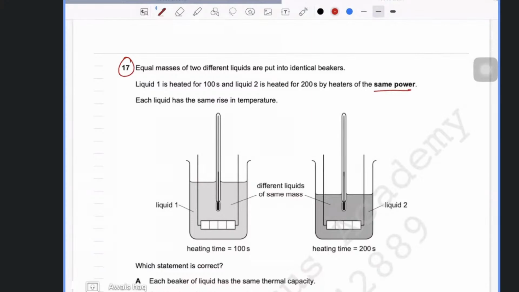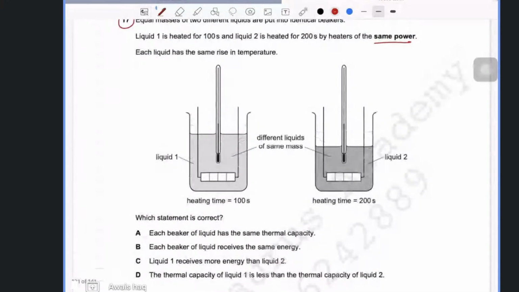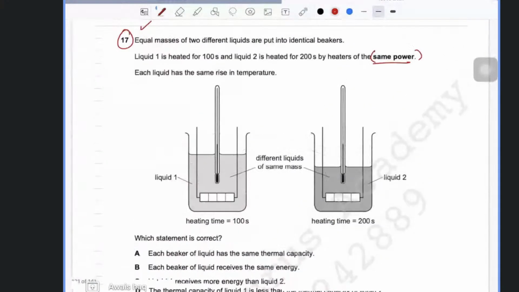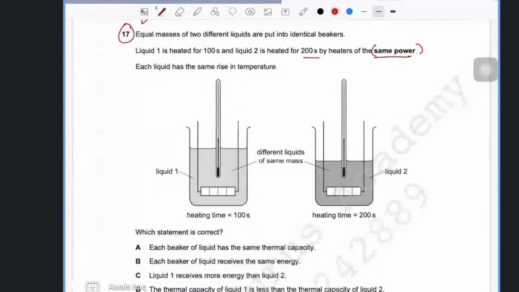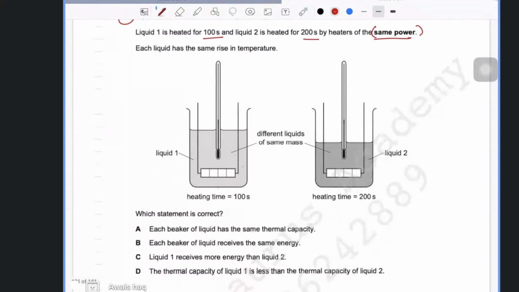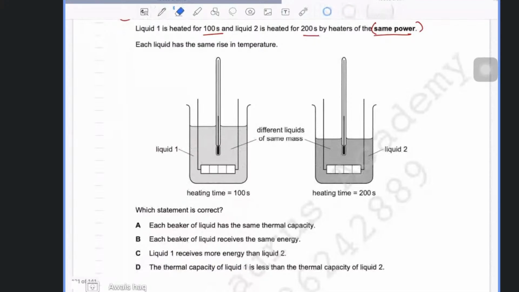Okay. So I'm saying that for this one, you're applying the same power for them, and one is heated for 200 seconds, the other is heated for 100 seconds, right? They're asking which statement is correct. So obviously, if the power of heat is the same for both of them, it means that this one is taking up more energy.